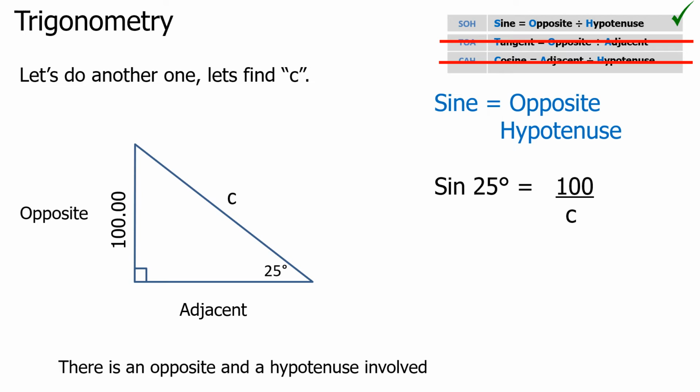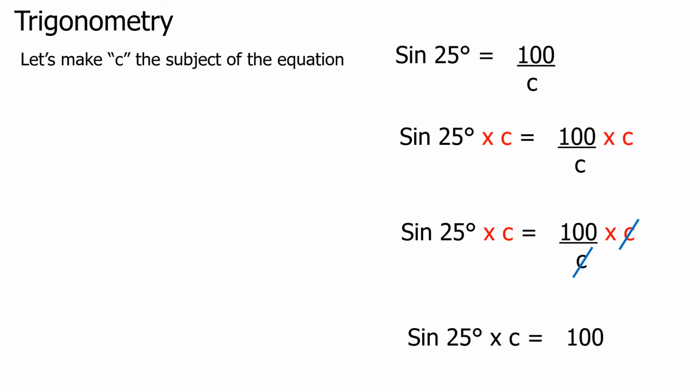To solve this equation, we need to make C the subject of the equation. Firstly, let's get C over the equal sign. So if we multiply both sides of the equal sign by C, the C's on the right hand side cancel out, and now we have C on the left hand side of the equal sign.